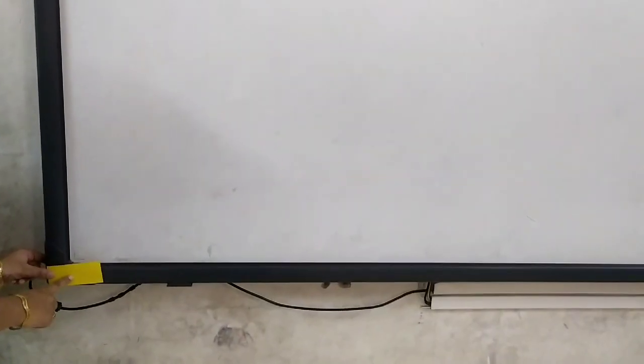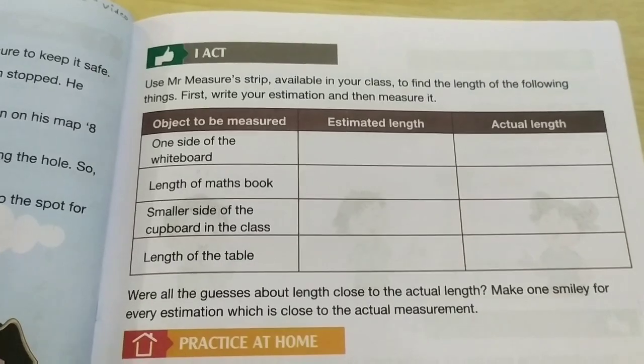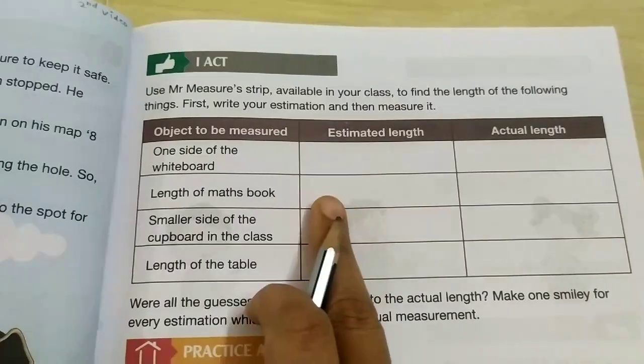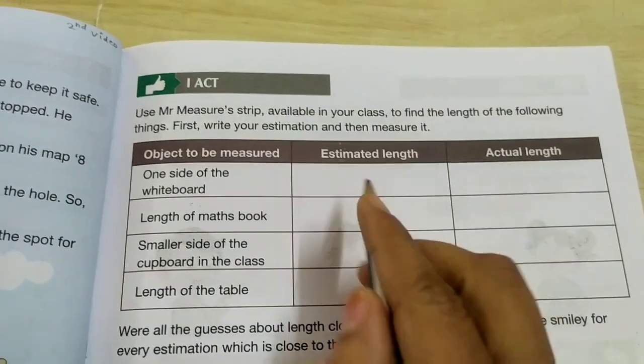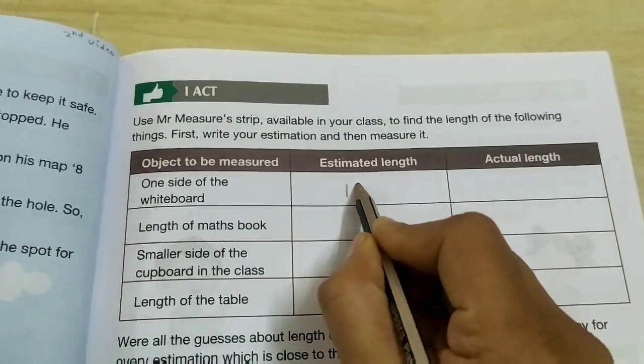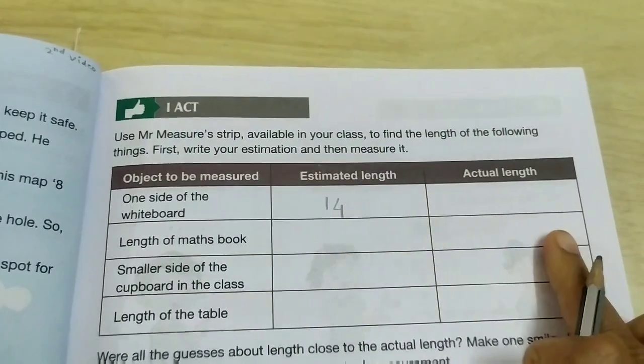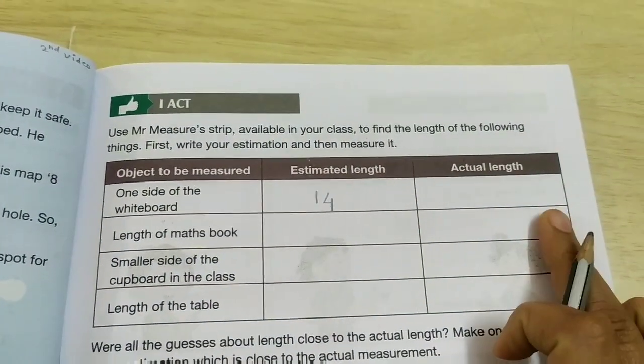I was thinking to measure the downside, this side of the whiteboard or smart board. I am thinking maybe it is 14 strips long. Let's do the counting. First, I will record my estimation here, 14 strips long. Then we will do the measurement with the strip.